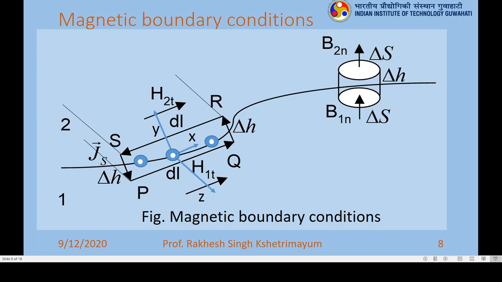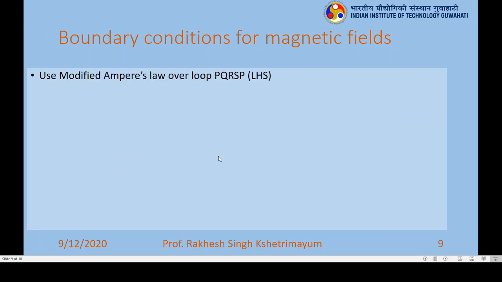So let's apply one of the Maxwell equations to find the boundary condition for magnetic fields. We'll apply the modified Ampere's law, or Maxwell-Ampere's law, over the loop PQRSP.